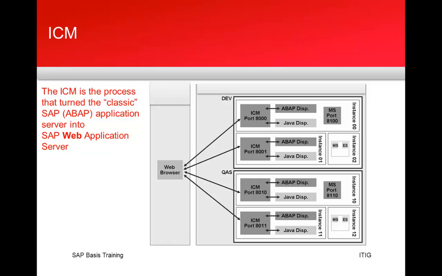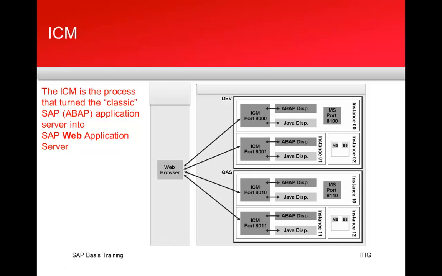So here you can see for each instance you have an ICM system. For example, you have your development system which has two ICM processes, one for instance 00 and one for instance 02. Then here you have QAS SID which has two instances, one is instance 10 and another is instance 12.